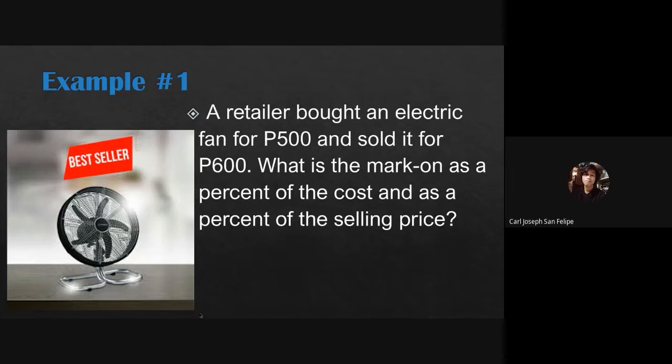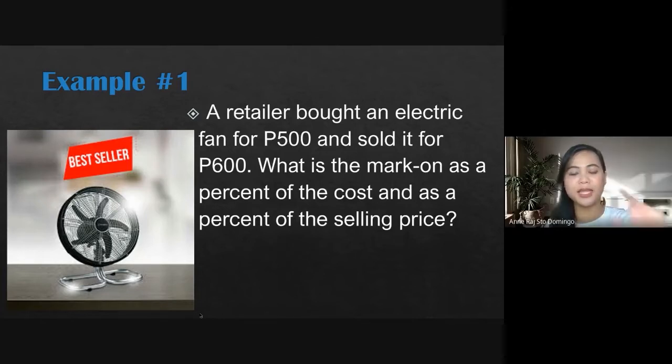Okay, thank you, CJ. It says here that a retailer bought an electric fan. It's on sale, a best seller, for 500 pesos. Then the retailer resold it for 600 pesos.